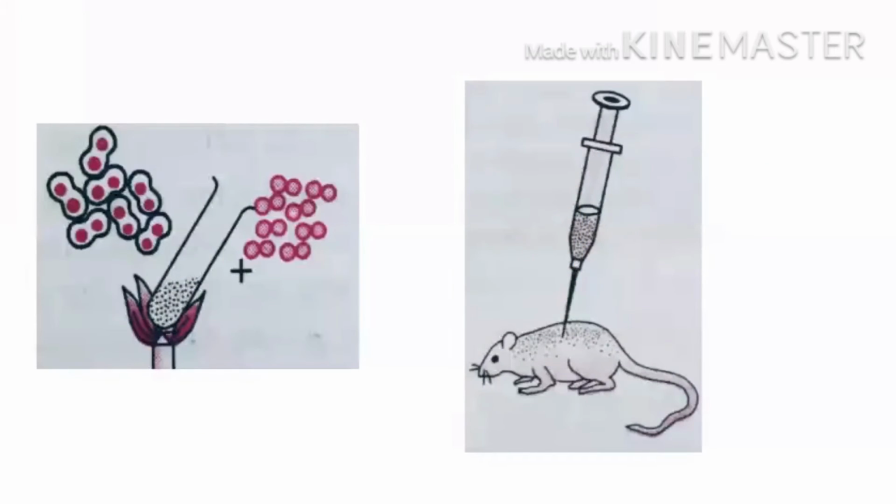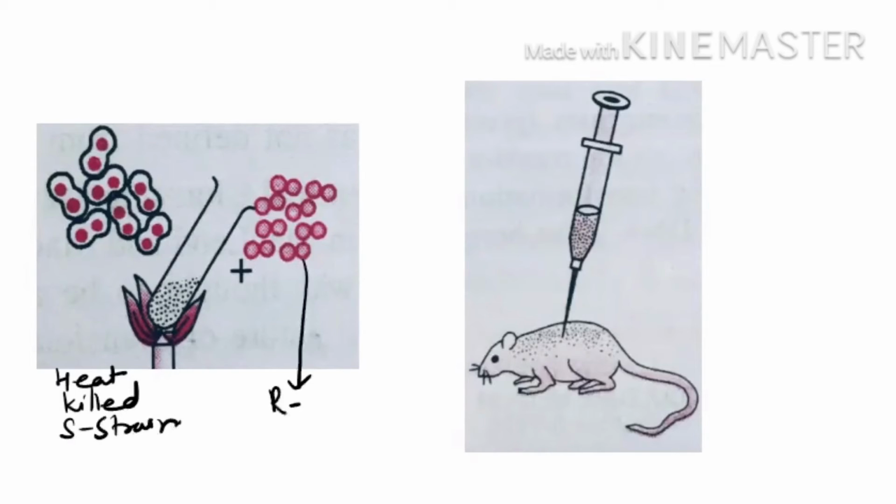After analyzing it, with heat-killed S the mice survive, and with the R strain, separately, the mice also survived. So this combination was taken.